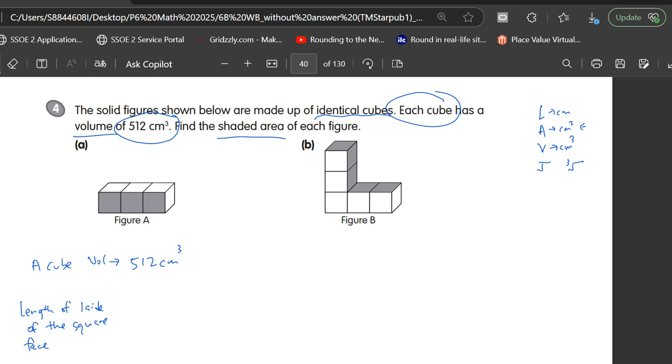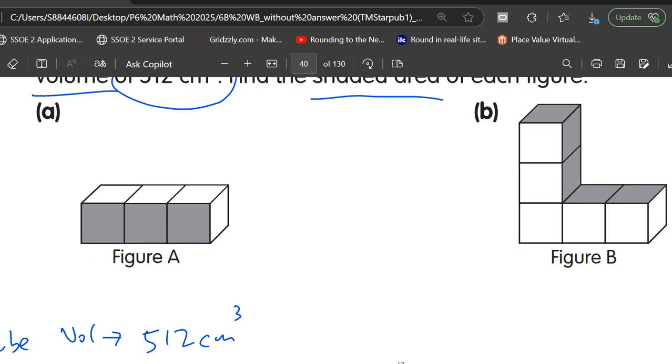Now, when I say the length of one side of the square face, it's the same as saying the length of one edge of the cube. The one edge, that one line, okay? You understand what I'm saying? That one line on the edge of the cube is like this.